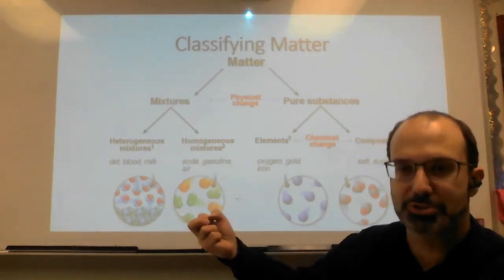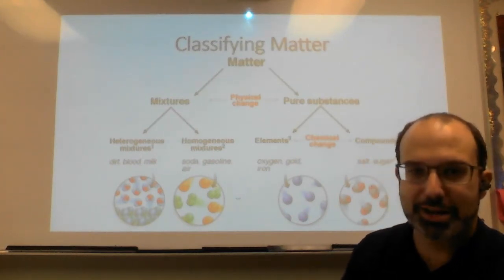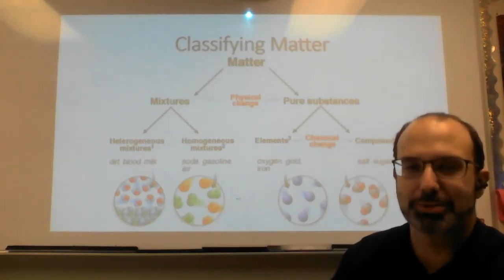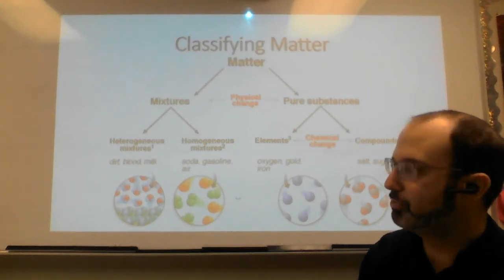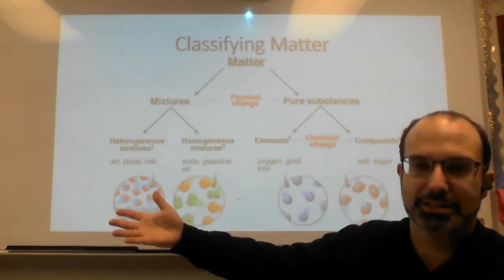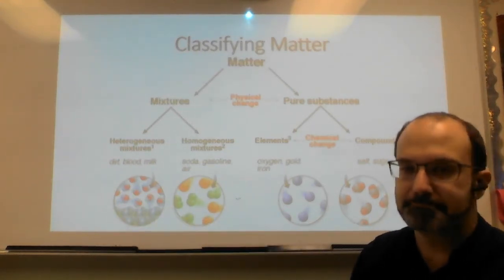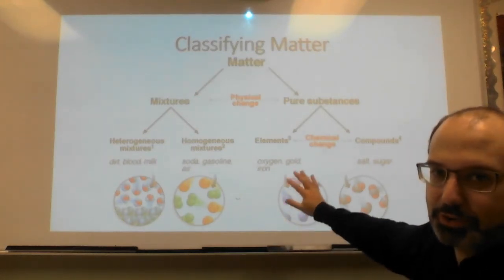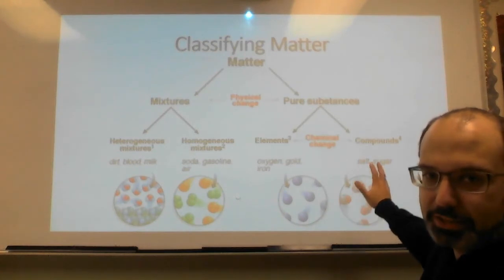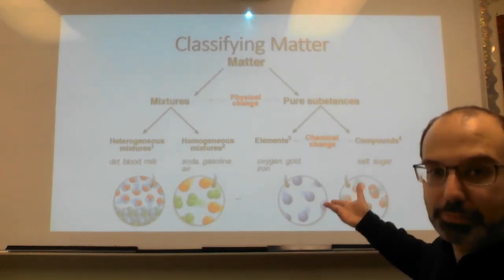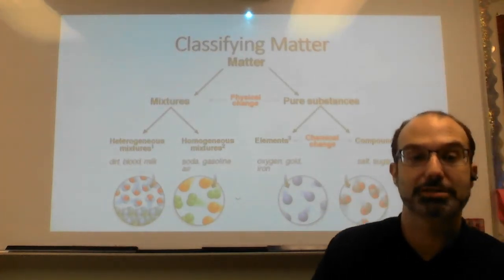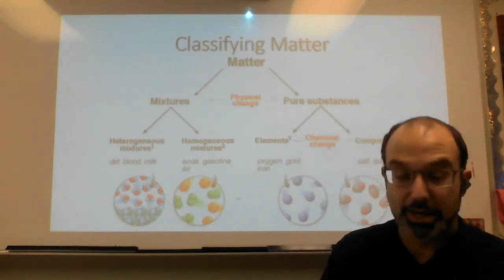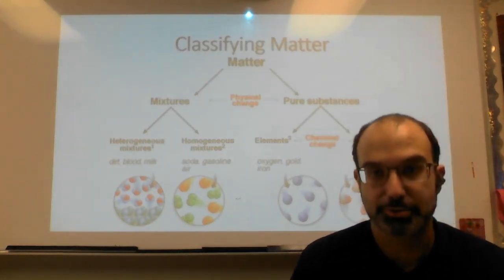A homogeneous mixture is when they're all mixed together and they're sort of random. So if I reach in and grab one, I don't know what I'm going to get. A classic example of this, oil and water, right? Over here we've got, of course, our pure substances that are just an element, so everything is the same. Over here, everything is the same, but they're molecules, they're compounds, they're multiple things put together. All right, that shouldn't be too big of a surprise, I don't think.